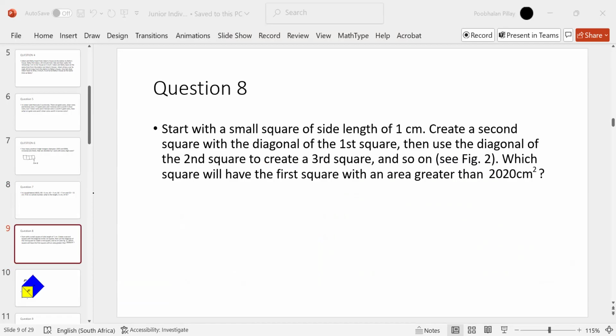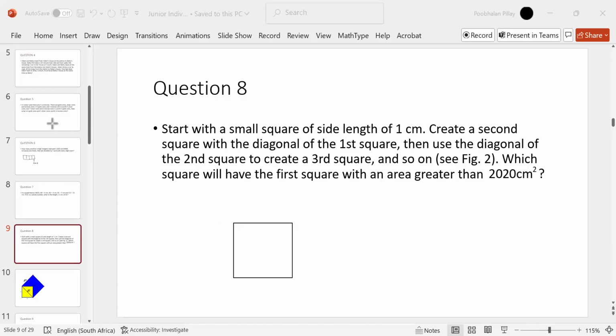So now here it says, start with a small square of side length equal to 1. So let's just do that. Oh, this is not too small. Okay, it doesn't really matter. Right.